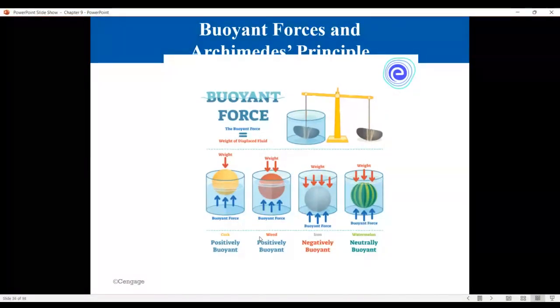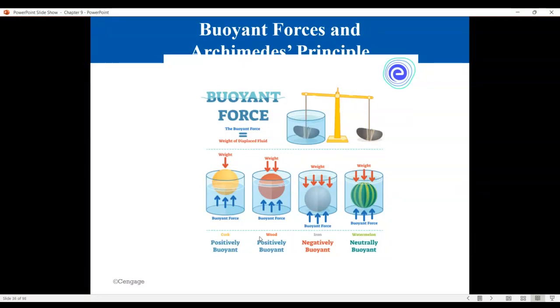So if we have a positively buoyant force, and I'll describe this in the next slide, that means the object will move upwards, right? That's like a cork, a wine cork if you drink wine. Another case, you put wood in the fluid, then you find it'll also be positively buoyant.